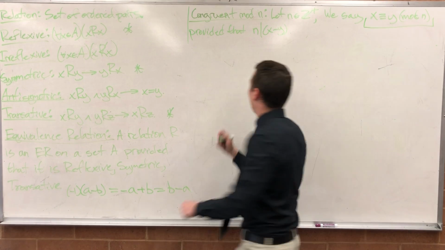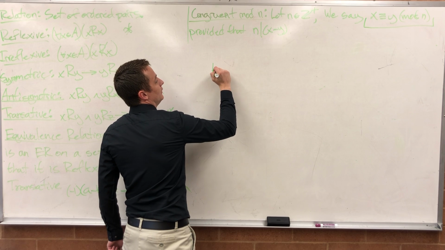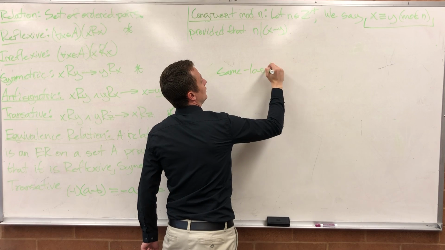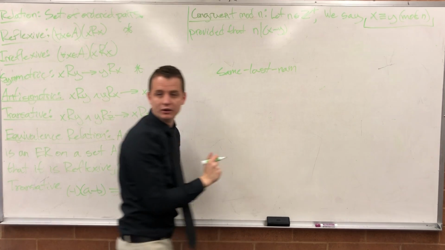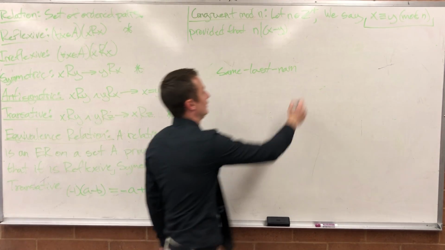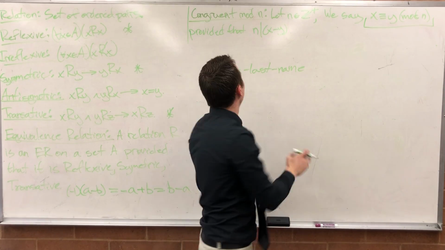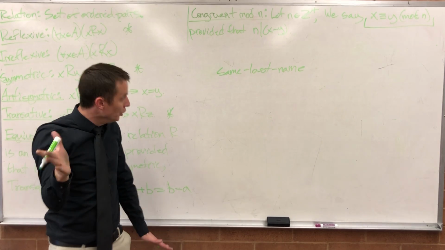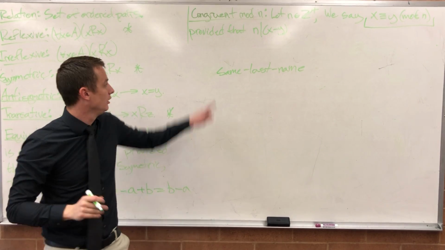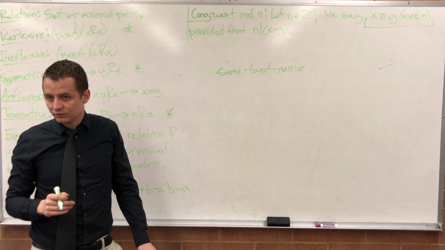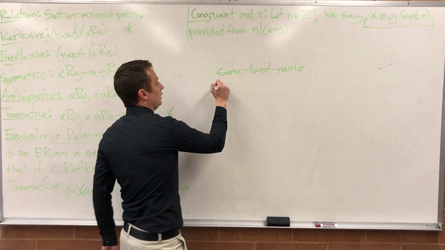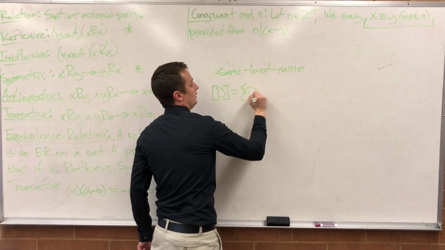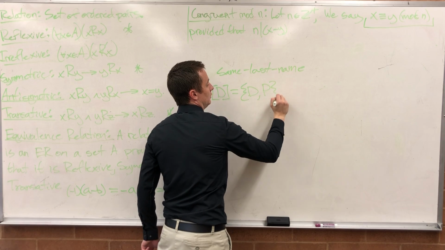So let's say our equivalence relation is same last name, and A is all the students in this class like we had before. Then who are all the people related to Debbie under this relation? Debbie and Phoenix. So if we did the equivalence class on Debbie, that would be equal to Debbie and Phoenix.